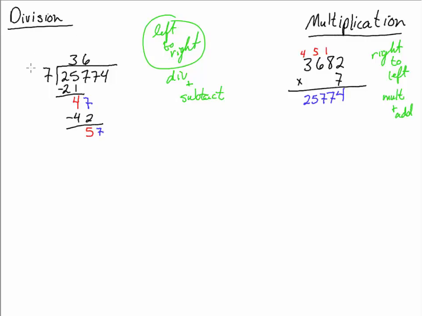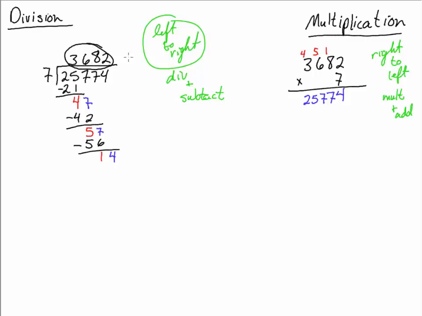So when we do this and say, okay, 7 goes into 57, how many times? 8. That's right, 56. And we subtract, we recapture the 1 that was carried originally, and we pull down that 4. So this 14 is now recaptured, and 7 goes into 14 2 times.